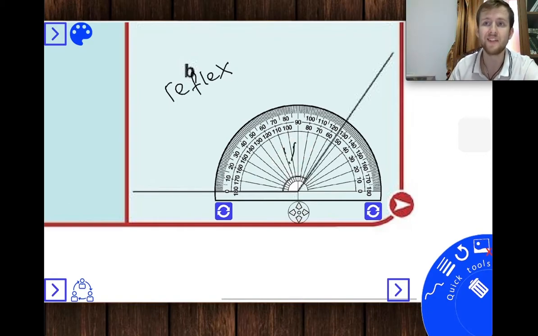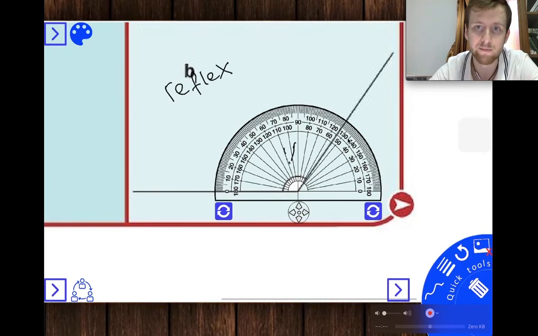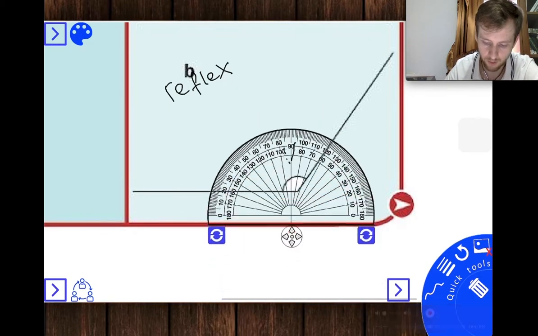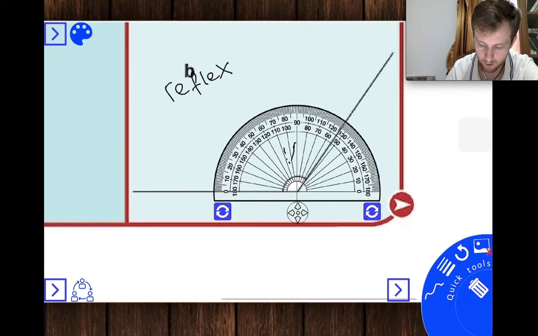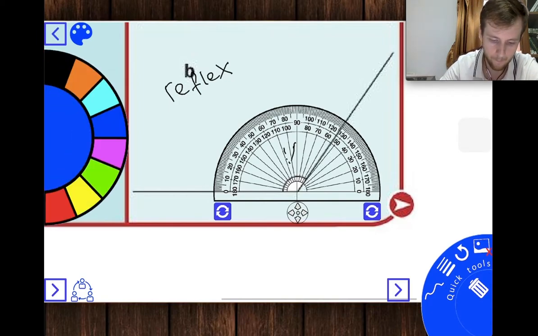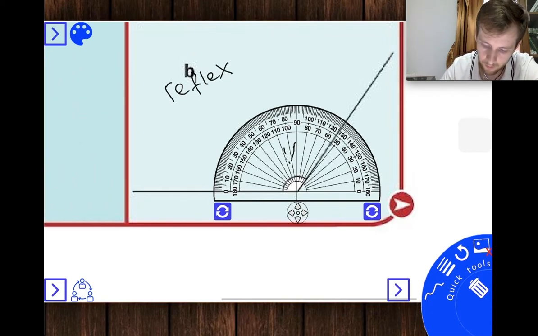Okay, so this angle is a reflex angle, so it's between 90 and 180, which means that we have to use this scale. It's going to be 126. So 126, I would just leave it here, I think it's fine. From 0 to 126 is this angle.